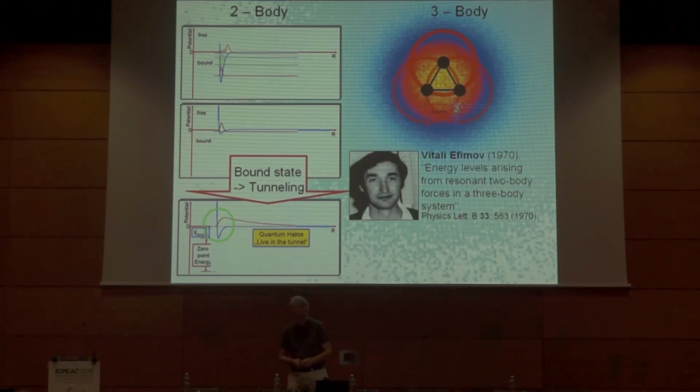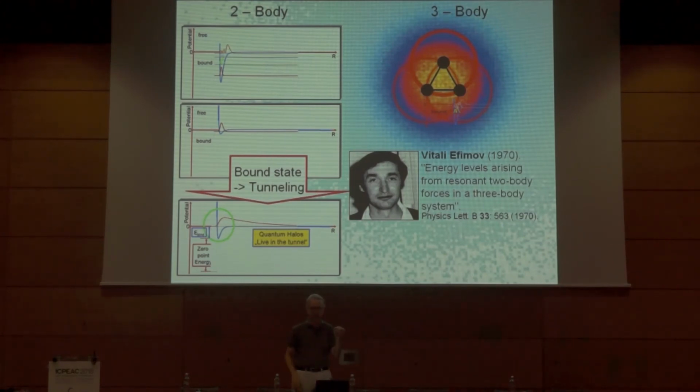And the surprise was that in 1970, this then young Russian nuclear physicist by the name of Vitaly Efimov, who today is no longer young but still works and is at Washington State University, predicted that this transition for three particles is very different, because at that threshold, he calculated, an infinite series of three-particle states emerges.